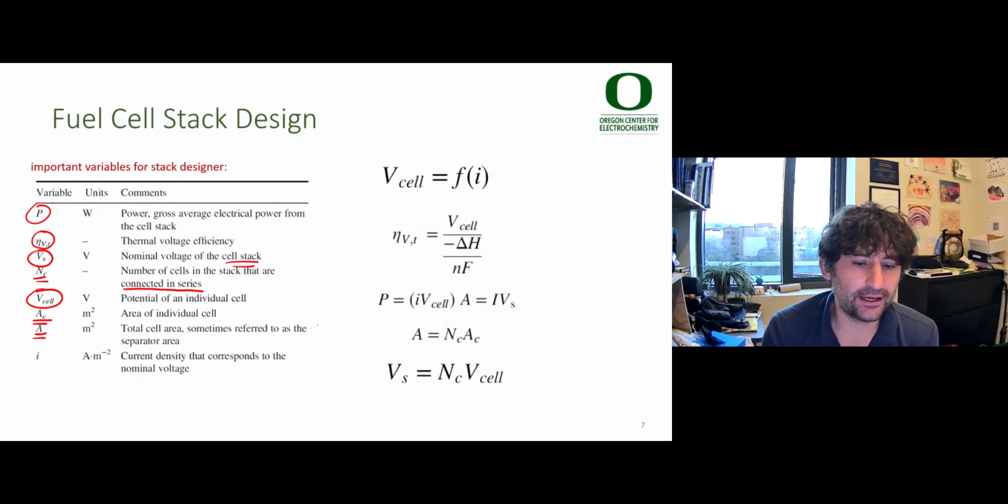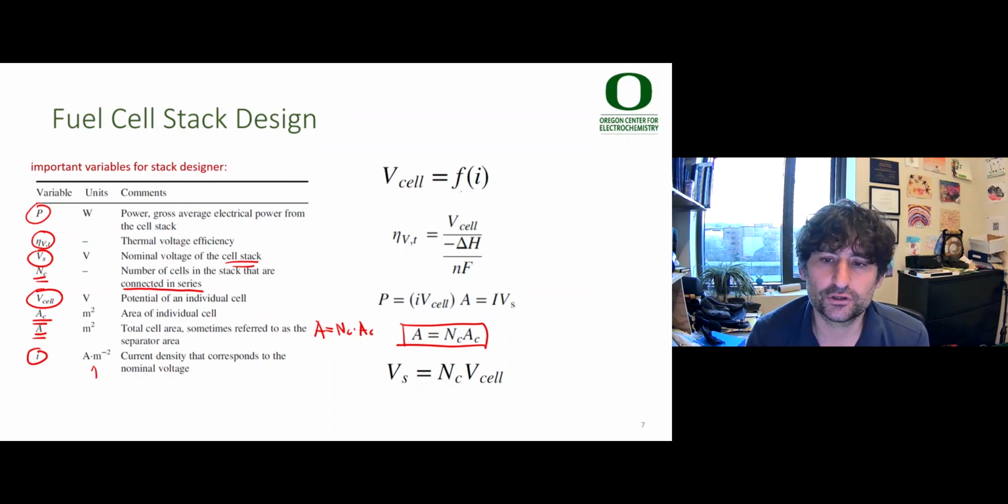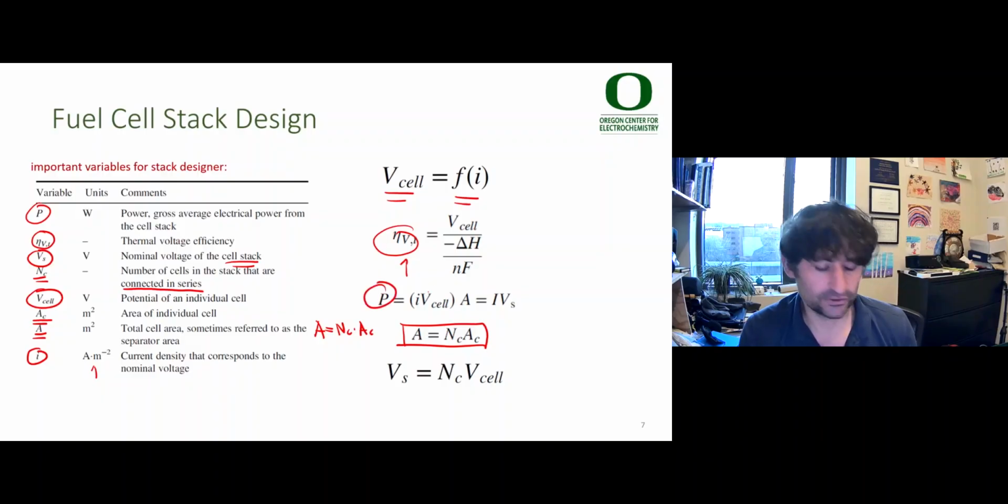The total area is just N_C times the area of an individual cell. And I, the current density, corresponds to operating at the nominal voltage of the cell. Of course, that nominal voltage is a function of the current density, and here are the expressions for the thermal efficiency and the power as well.